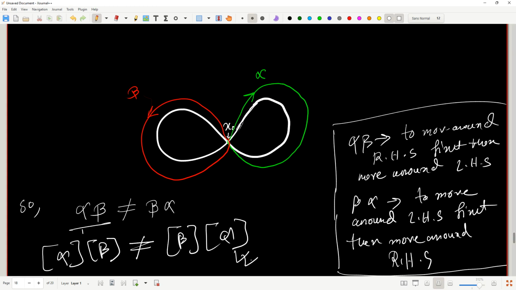Okay, so for this figure of 8, what you have done here is that you have already shown that whatever the group is, it's not an abelian group, rather it's a non-abelian group.